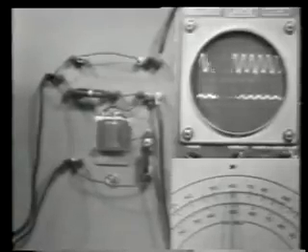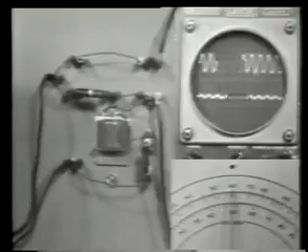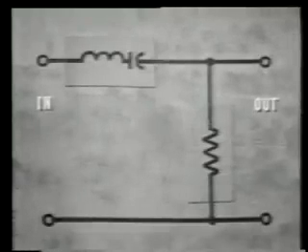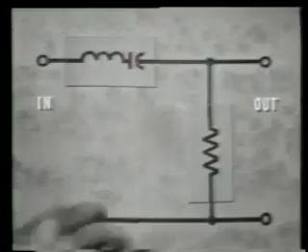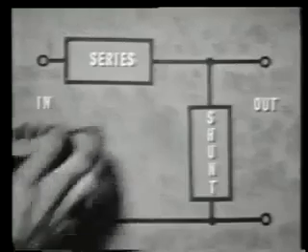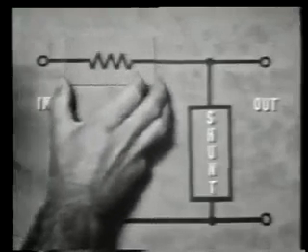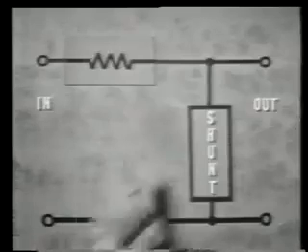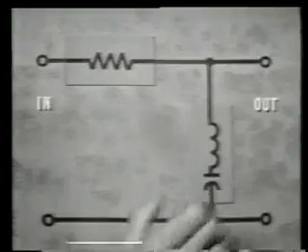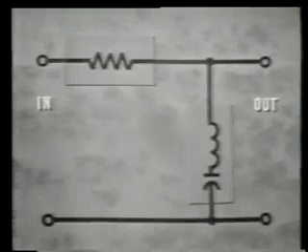In other words, it becomes a band reject filter. Let's see how. Okay, we simply put the resistor in the series position. We're reversing its position, and the LC tank goes in the shunt position, just like that.